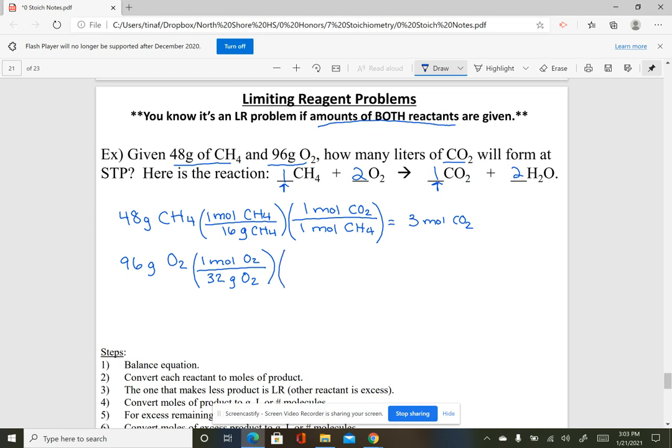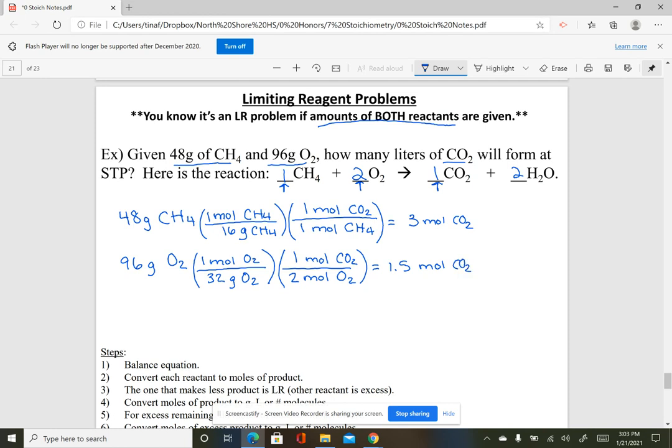I want to see how many moles of carbon dioxide I can make. Now, for oxygen, my coefficient is 2. So for every 2 moles of oxygen, I'm able to make 1 mole of CO2. And if I do that calculation, I get 1.5 moles of CO2.